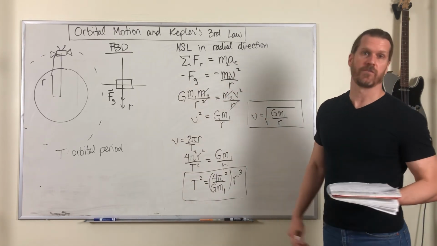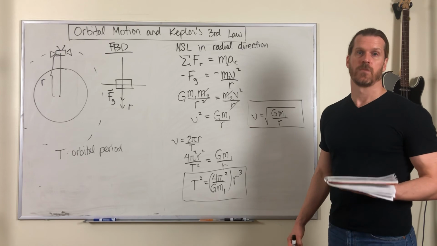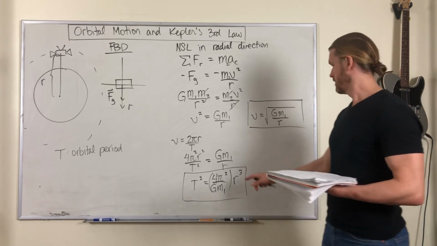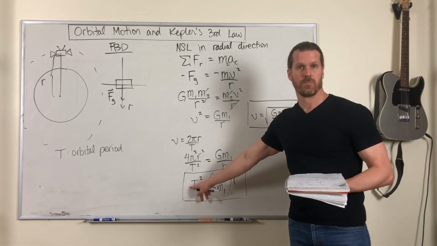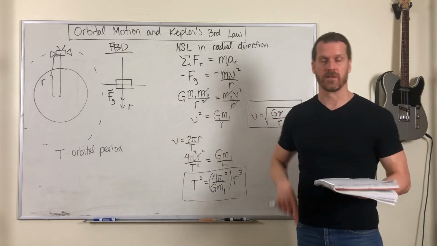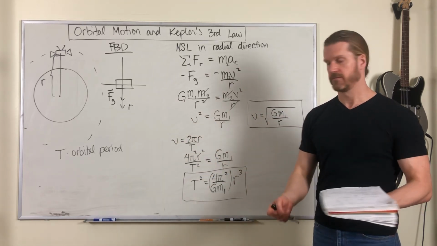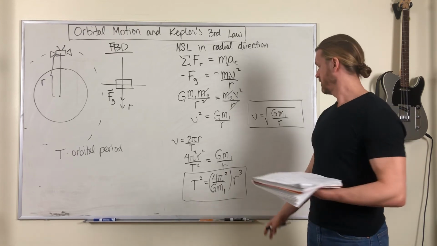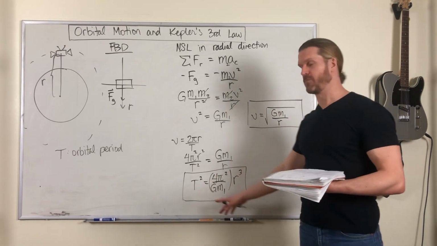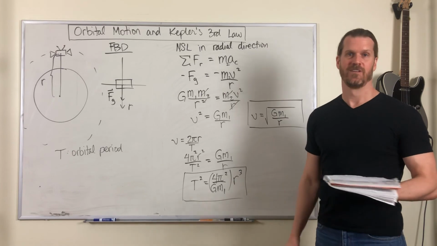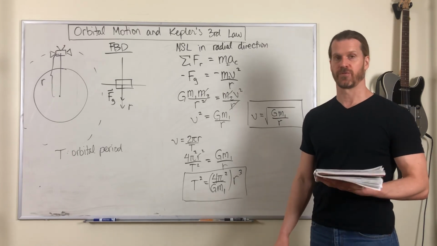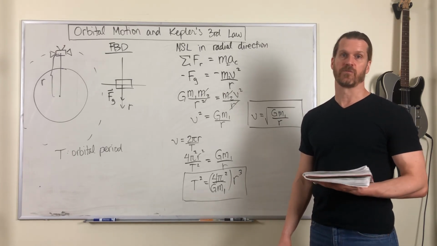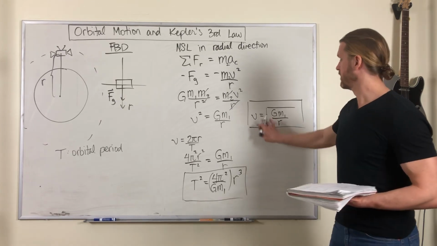And written this way, that's known as Kepler's third law. It's saying that the time that it takes to complete one orbit is related to the radius of that orbit. Square of the time is proportional to the cube of the radius. That's Kepler's third law. In the next few videos, we'll do some examples using these two equations.